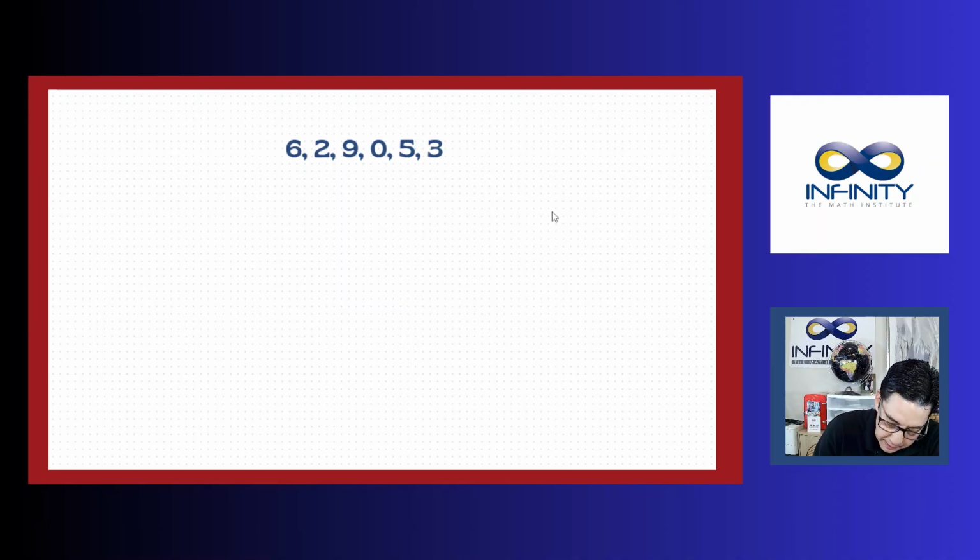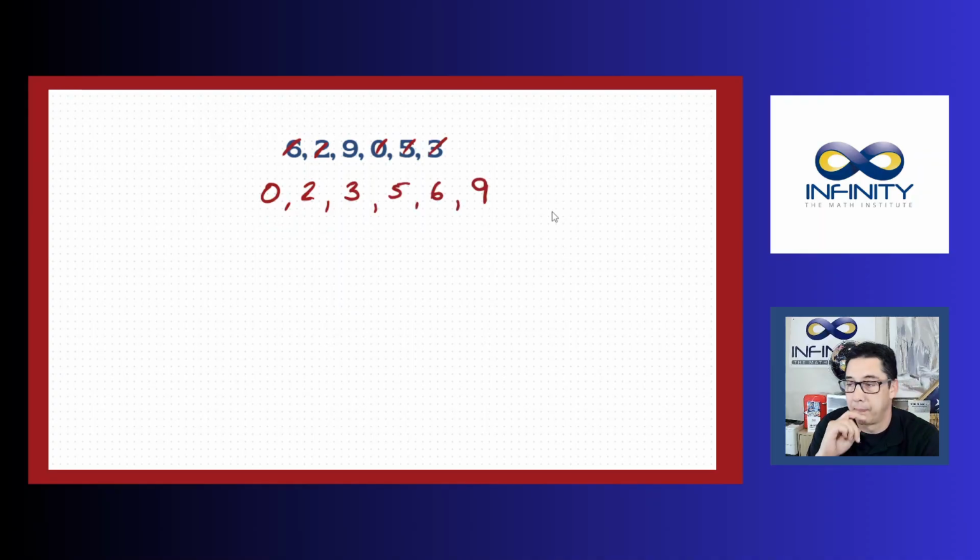The first thing you should be doing is arranging them from least to greatest. But this is not going to be as straightforward as the other greatest number, because we can't lead the number with a 0.